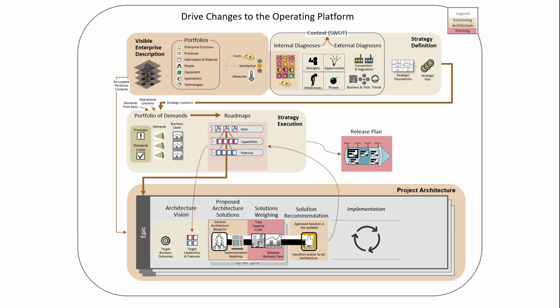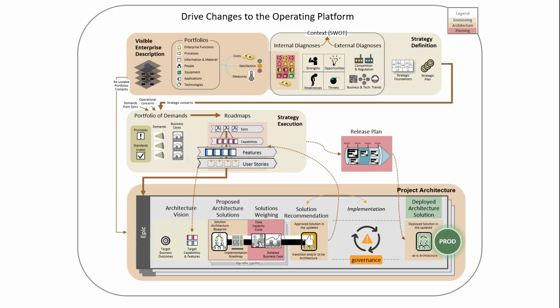Once the implementation of your solution has started, features get typically refined into user stories or use cases. You want to make sure that this implementation aligns to your architecture, that is governance.